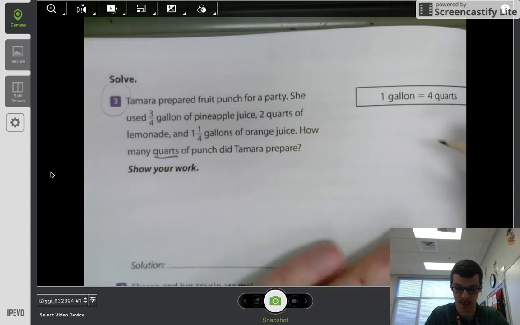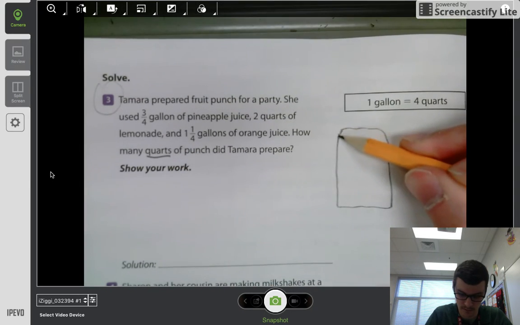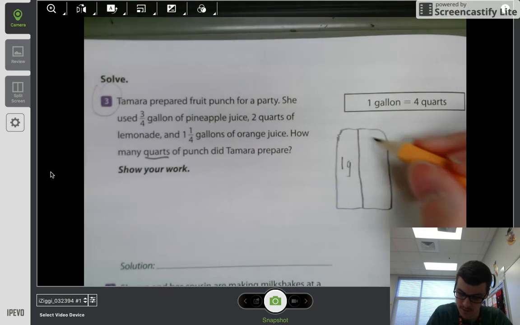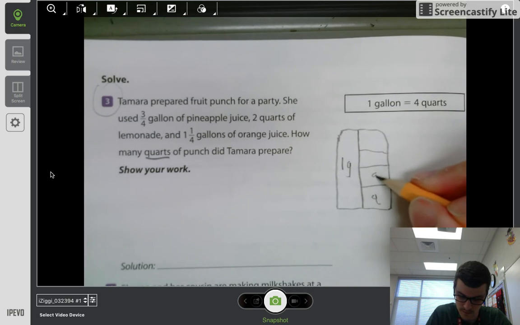Okay, but I have these gallons. So if we do the same thing we just did with the tower, so 1 gallon, and it's going to be broken up into 4 quarts. Okay, so she used 3/4 gallon.